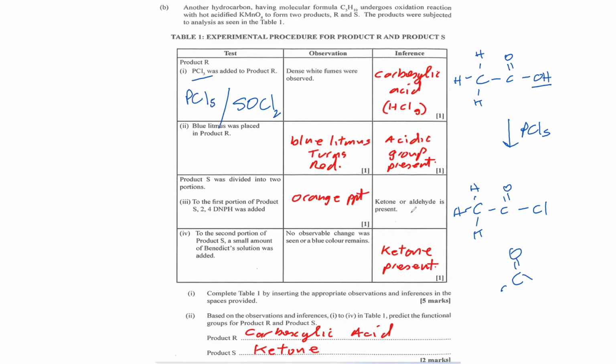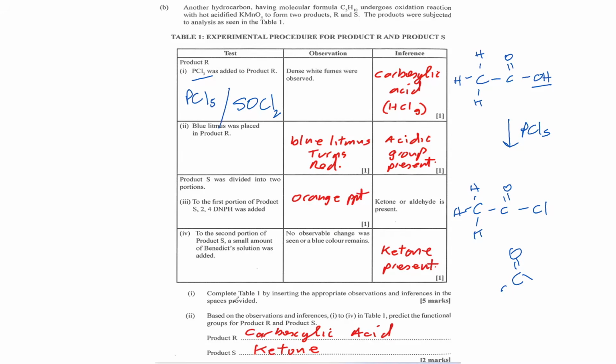If an aldehyde was present, the aldehyde would change the color of the Benedict's solution from blue to brick red. Because an aldehyde was not present, you have no observable change. So we are confirming that instead of an aldehyde, what we have for S is a ketone. The Benedict's solution, which is a weak oxidizing agent, suggests that our ketone cannot be oxidized, and so we get no further change.